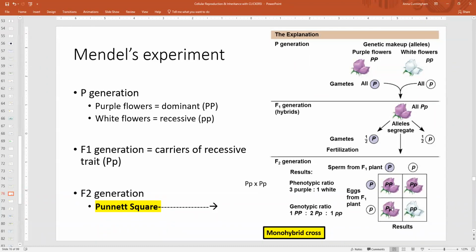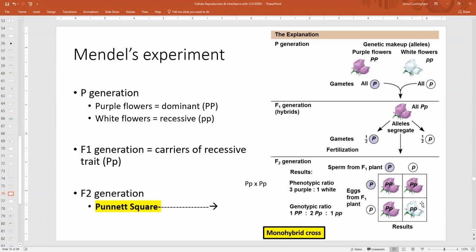So from this Punnett square, we can establish what our genotypic ratio is. From this pairing, we have 4 possible outcomes. One of those is a homozygous dominant. You'll always write that first. It's a 1 out of 4 likelihood that we will have a homozygous dominant genotype. 2 of these have the heterozygous possibility, so 2 out of 4, or half, of the offspring are likely to be hets.